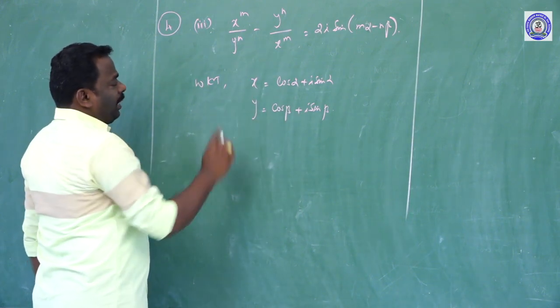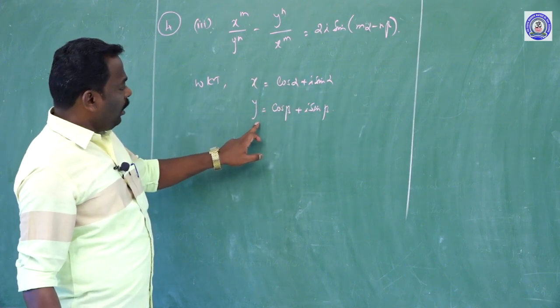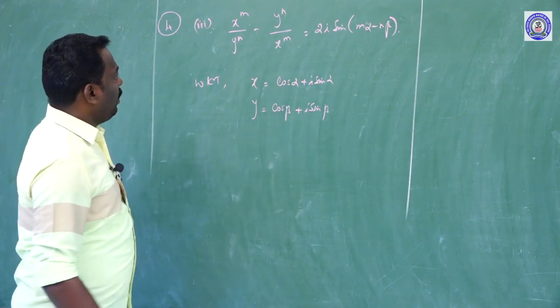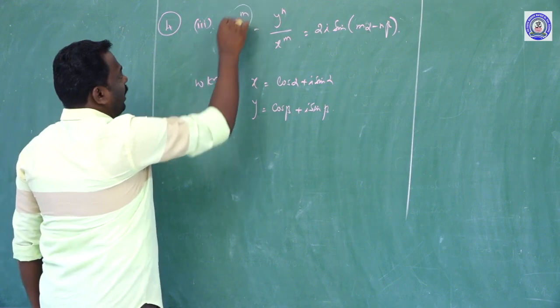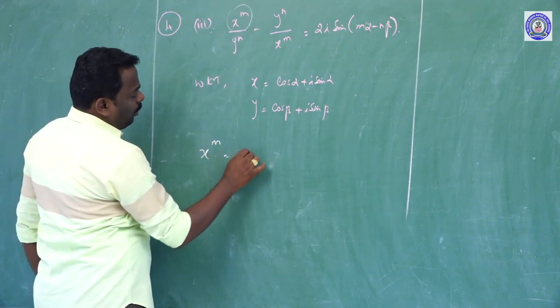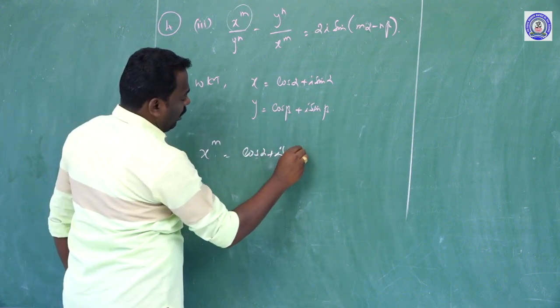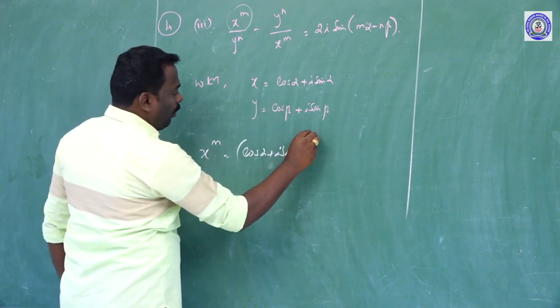Already we obtained the values of x and y: x = cos α + i sin α, y = cos β + i sin β. Now first find x^m. x^m equals (cos α + i sin α) whole power m.